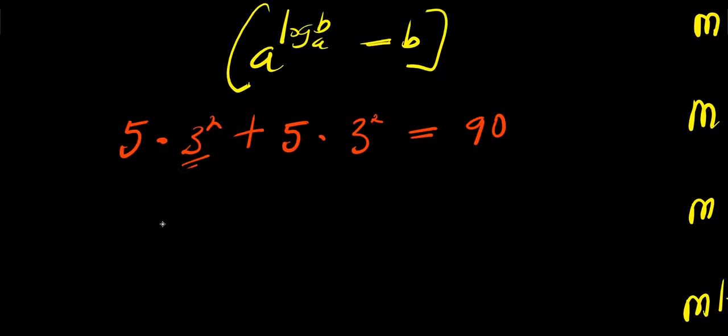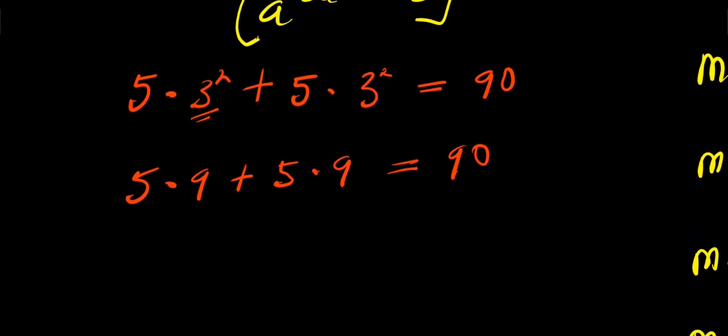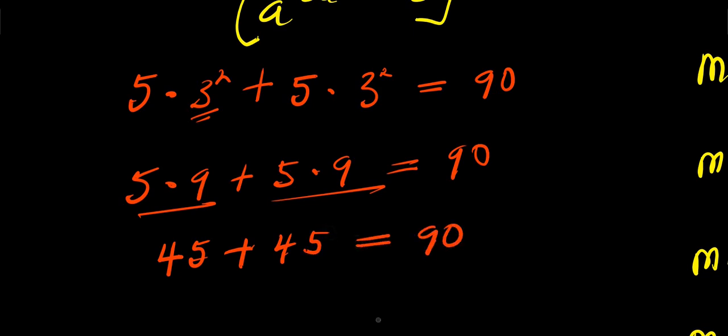So 3 power 2 is 9, we have 5 times 9, that is 45, plus 5 times 9, that is 45, equals 90.